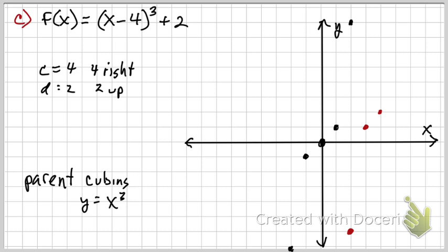The 1, 1 point, 4 to the right, 2 up. And then this one up here is off the charts. So this thing is going to come up something like this.